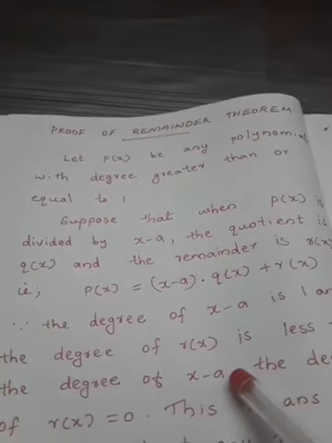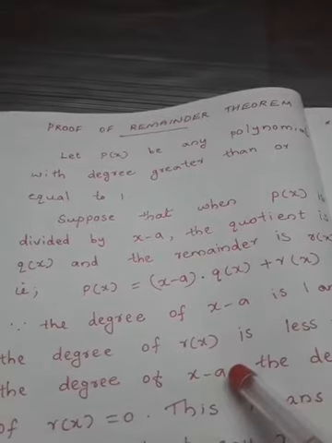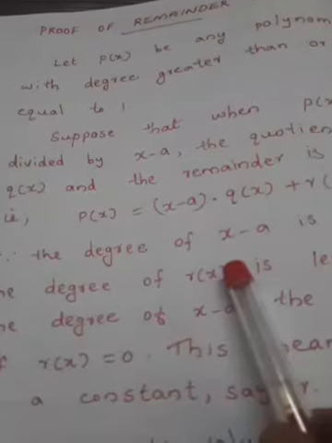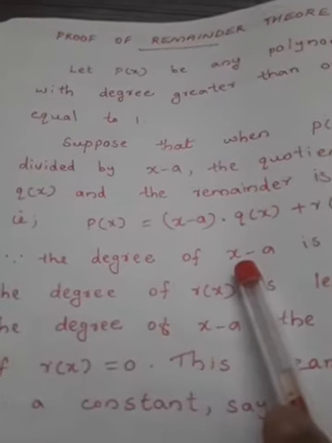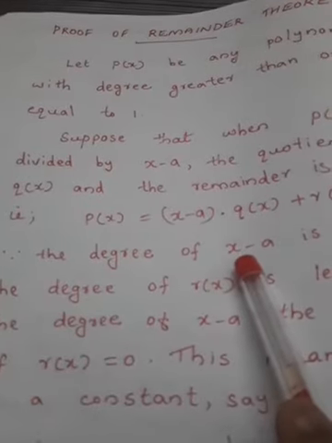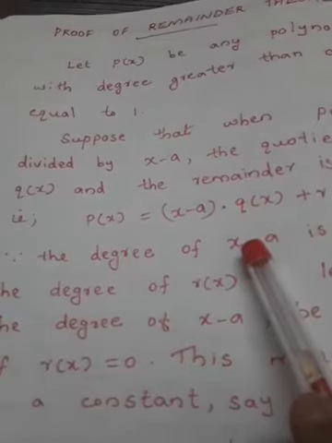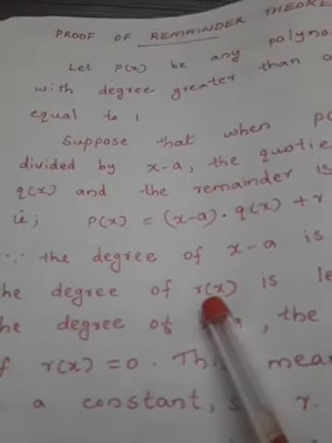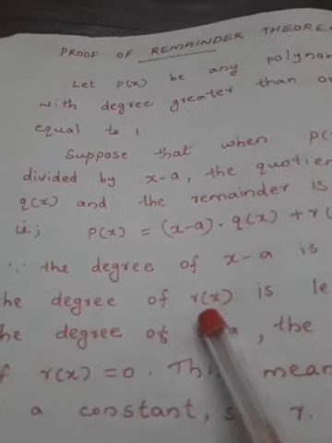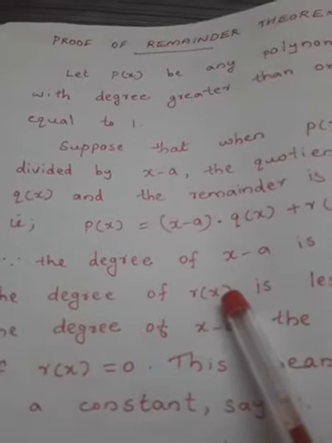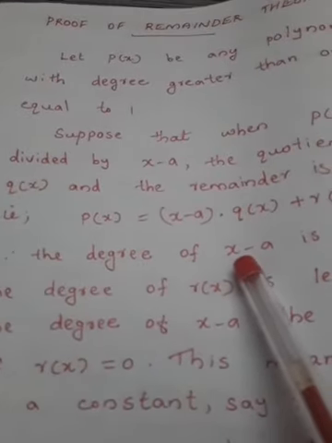This is the condition: the degree of the divisor will be greater than the degree of the remainder.